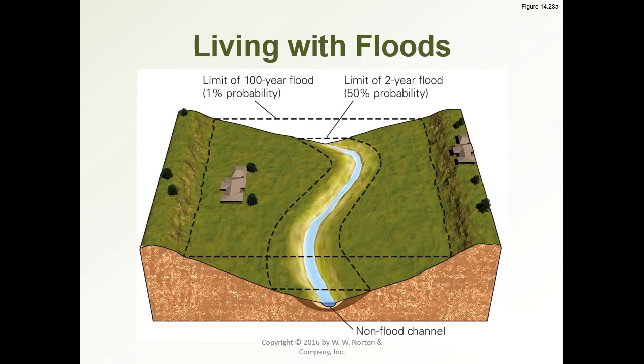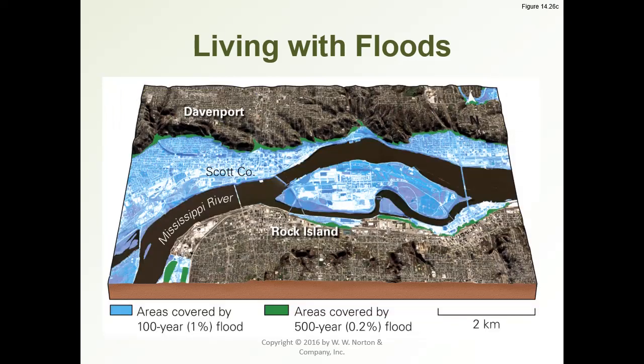And so that determines what type of insurance is necessary, where people are allowed to build, what they're allowed to build, etc. If those maps, those hazard maps, are inaccurate, this can lead to very hazardous conditions where you have massive flooding and lots of damage. Water causes lots and lots of damage.